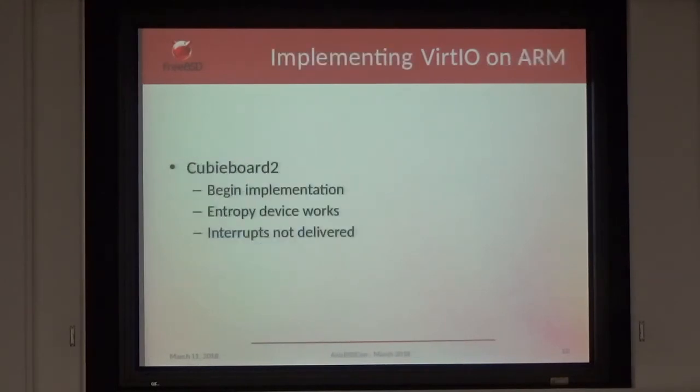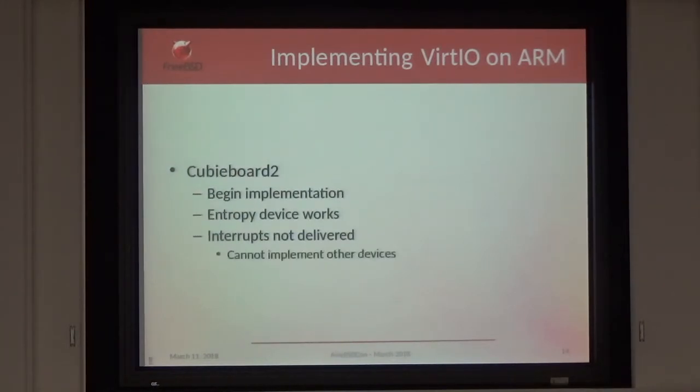So when I started developing VirtIO on ARM, I was using the QB 2 development board. This allowed me to implement and test the entropy device, and it was working fine. But since interrupts were not delivered, I was not able to implement the other devices since they required interrupts to work.